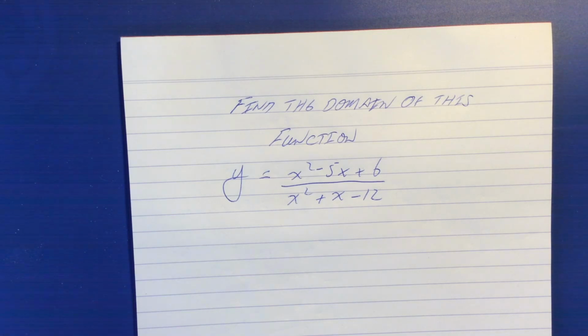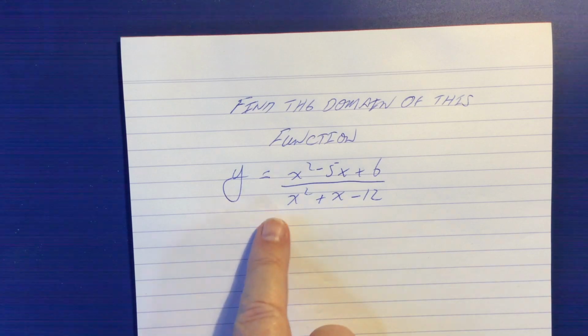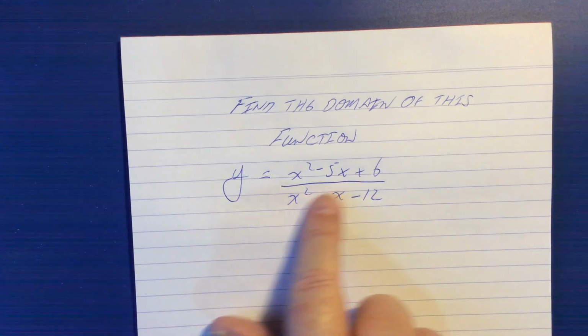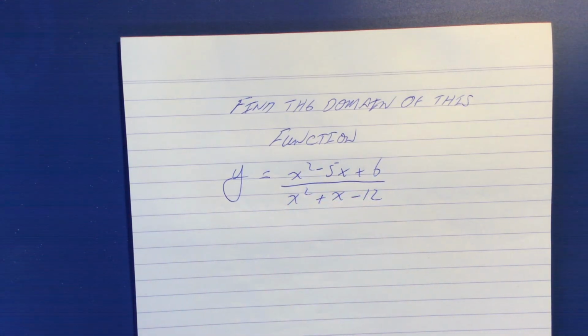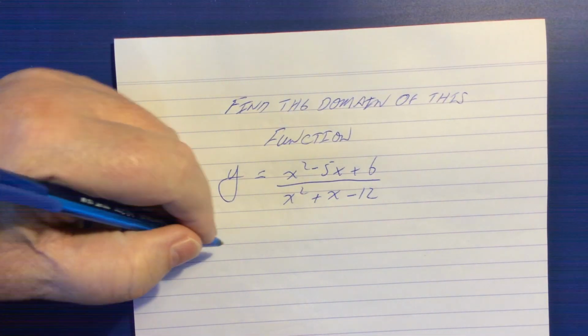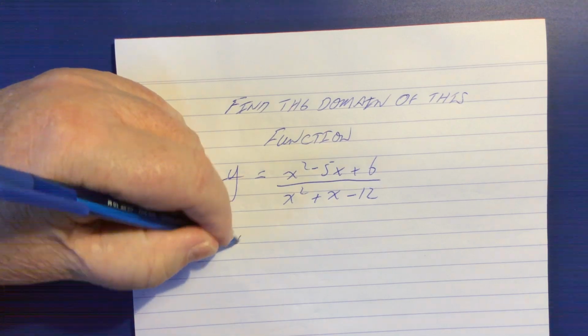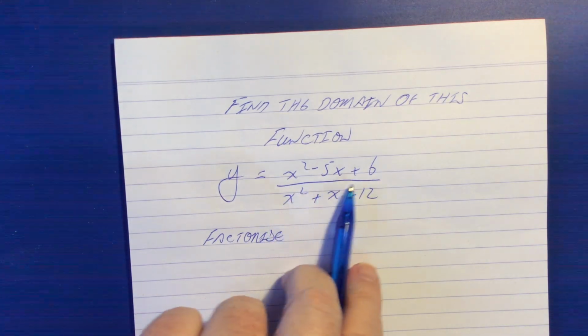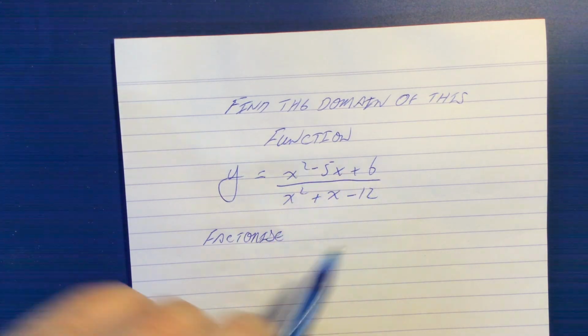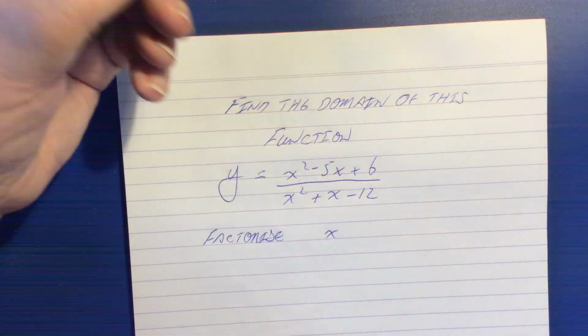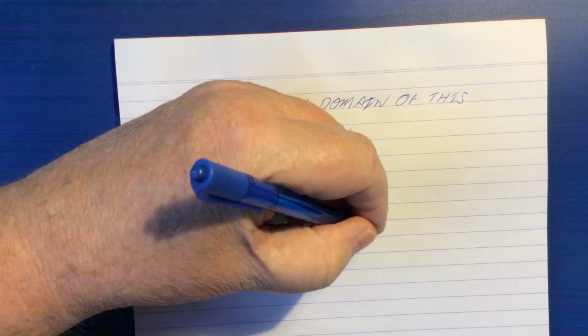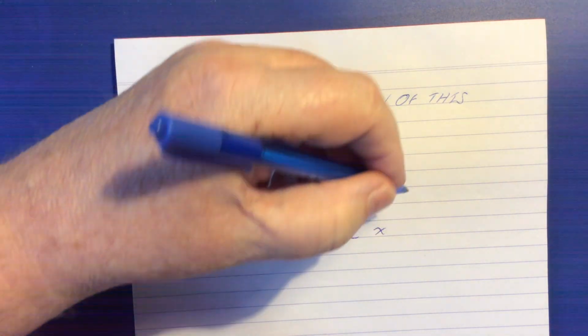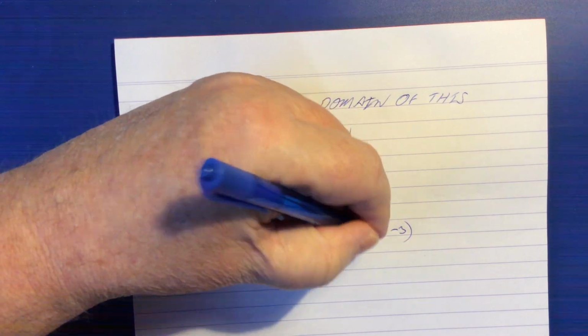Well, another thing that we should notice is that we're dealing with a quadratic on the top and a quadratic on the bottom. So my temptation is to do as follows. Factorize. So if I factorize the top here, I get x minus 2 and x minus 3.